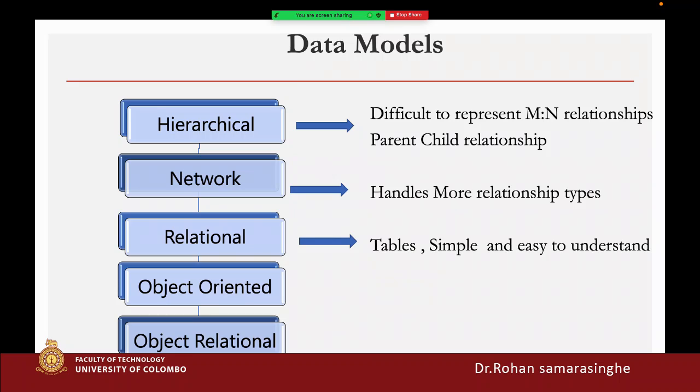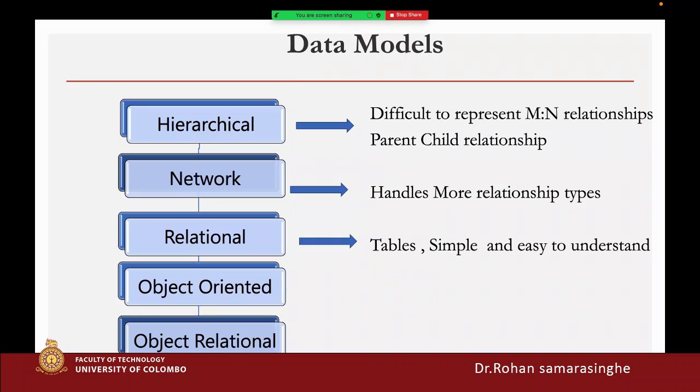In object-oriented databases, data will be stored as objects. You may have some confusion about what an object is. Consider a person.